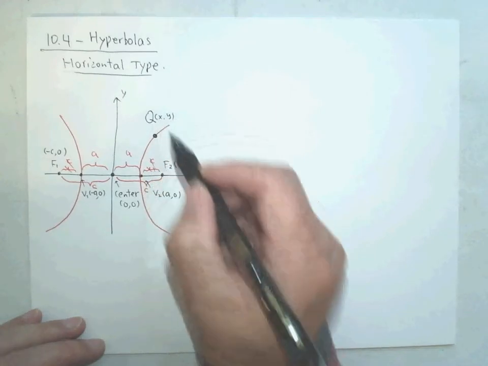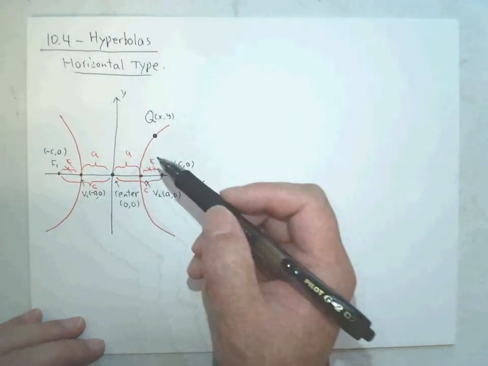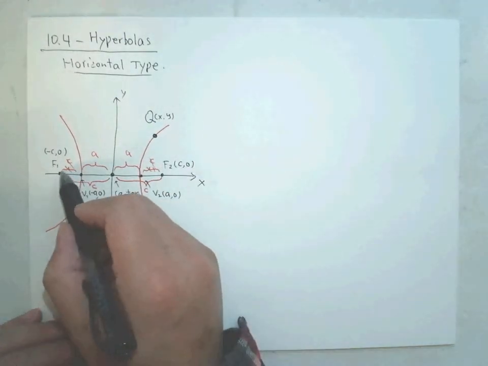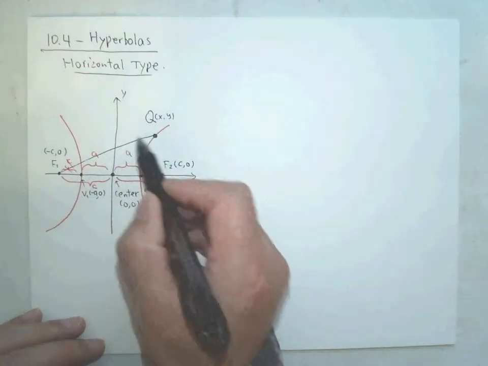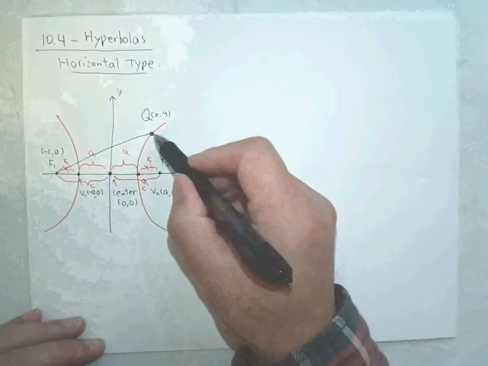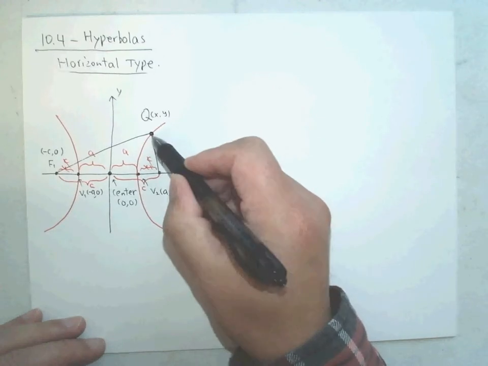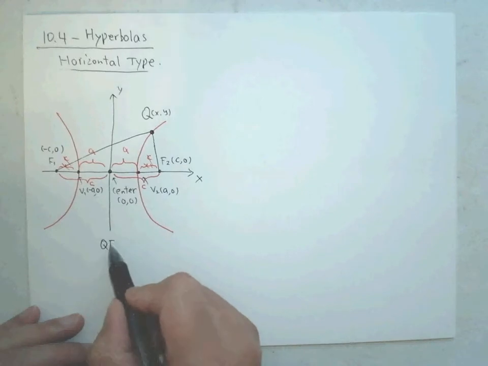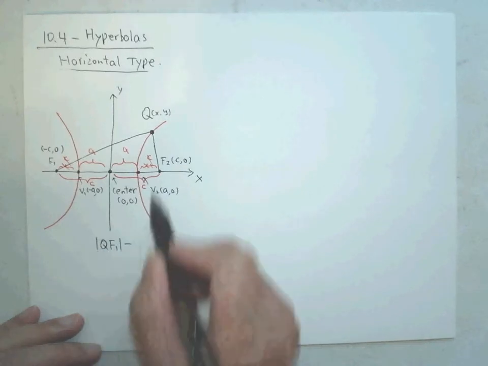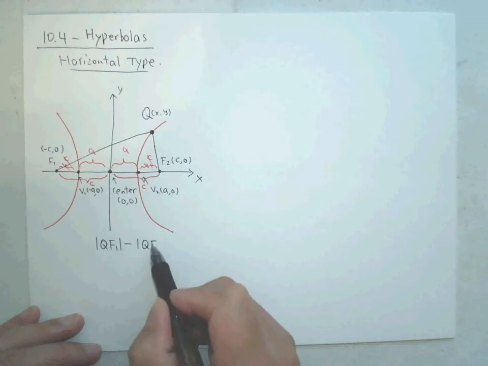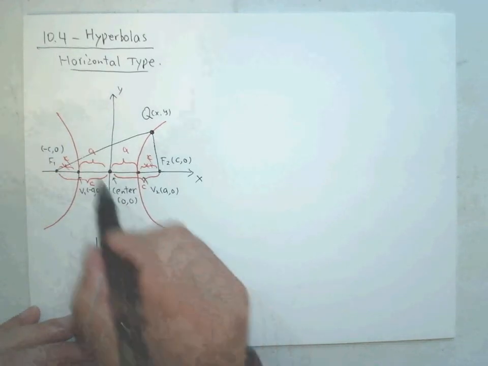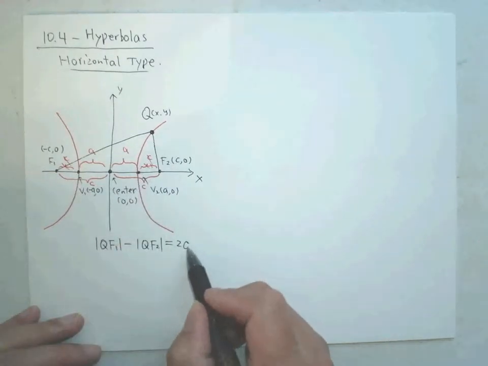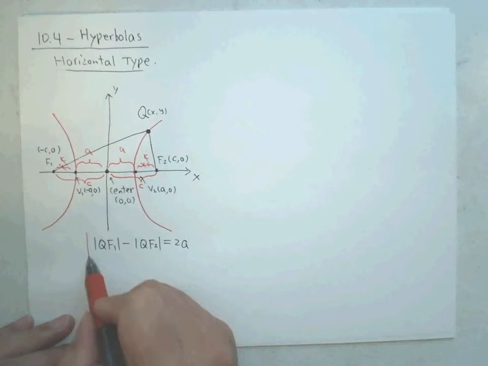We can find two distances: I link F1 to Q, and F2 to Q. The definition is: the distance Q to F1 minus the distance Q to F2 equals 2a, which is the distance from this vertex to this vertex. This is the definition.